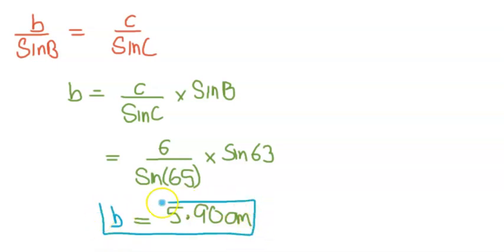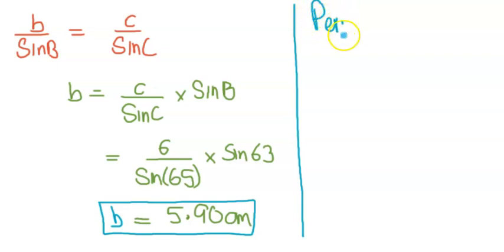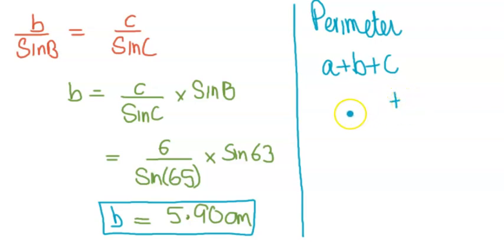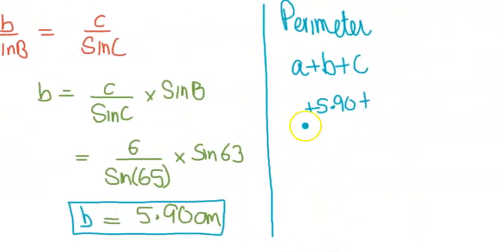So for the perimeter, we need to do a plus b plus c. So the value of the b was 5.90. The value for the a was 5.22 or 5.21.